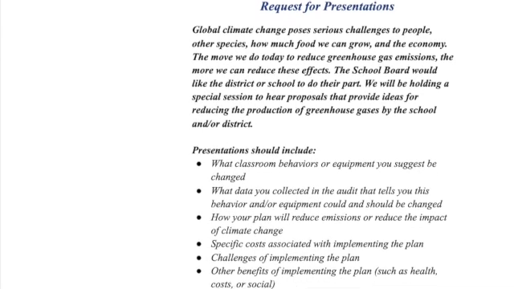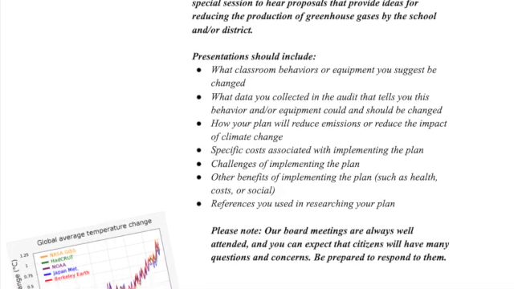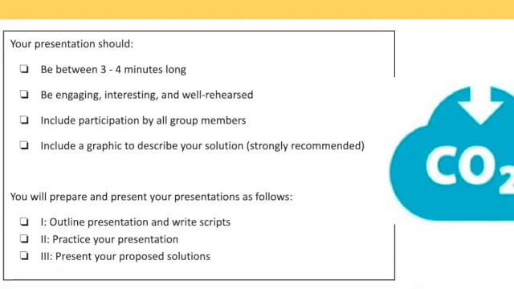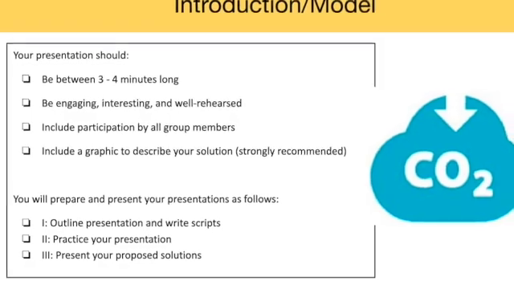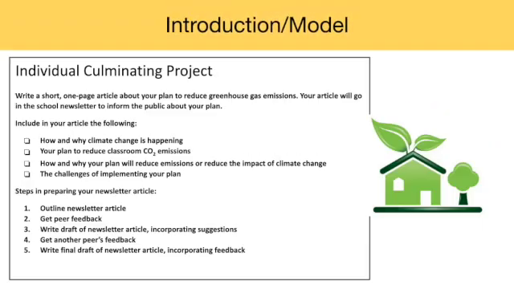A separate video, included with the slides for day 6, goes into more detail about the project as well. The group presentation itself should be just a few minutes long and clearly outline the proposed solution that students have come up with. As for the last unit, this project has both a group and an individual component.